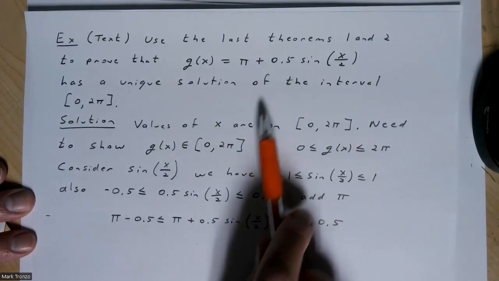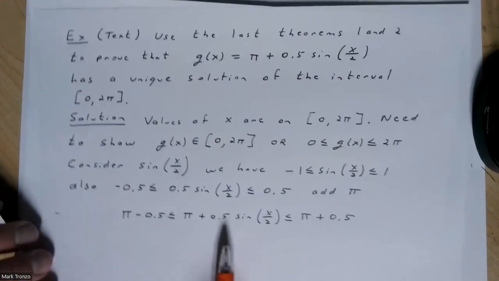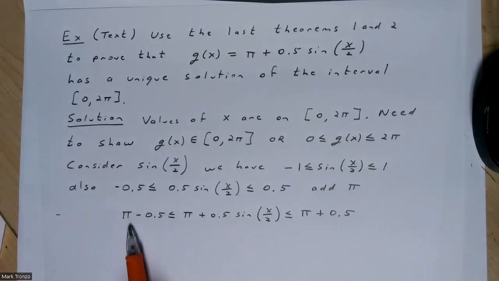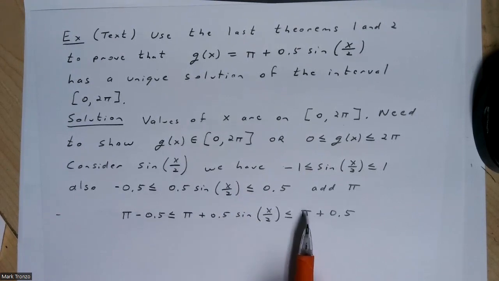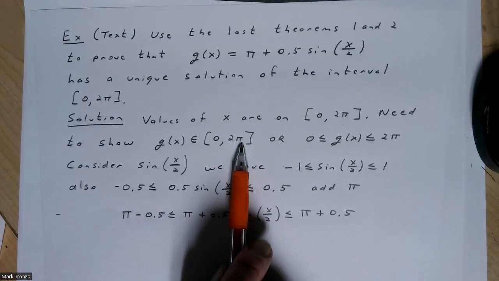So we can see now that our function is always going to be between pi minus 0.5 and pi plus 0.5. And of course, pi minus 0.5 is going to be greater than 0 because pi is about 3.14. And pi plus 0.5 is going to be less than 2 pi.